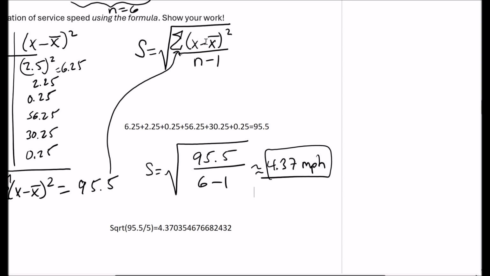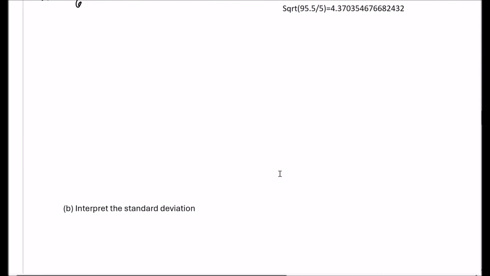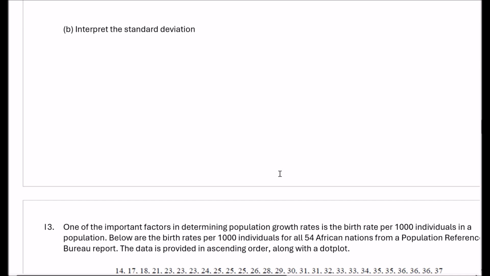The x bar is the mean, so this is saying what is the average distance of each of the serves from the mean. So basically we're saying that the speeds vary from average by about 4.37. Okay, and we're going to put that in our own words here.